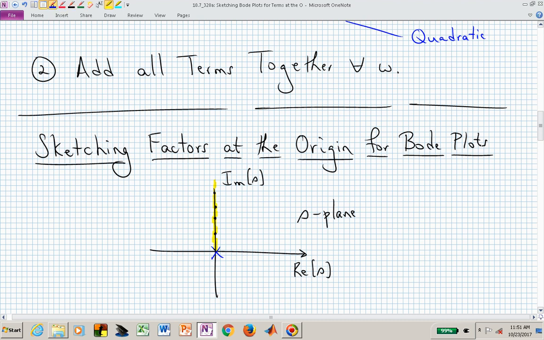As we move up here, what's the distance away from that pole? Well, it just keeps increasing and increasing continuously without any sort of starting point. It just begins and gradually grows and grows as we move to higher and higher frequencies. So that tells us that we're always changing, or having slope, in our magnitude response.